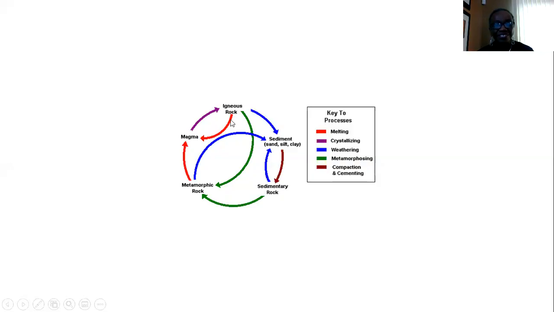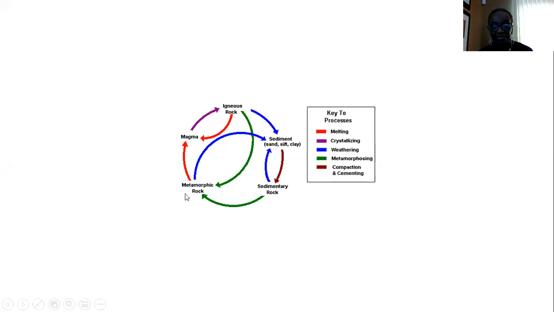Here we go. This igneous rock could become magma again. Heat it up so much that it melted, and we could get an igneous rock when it cools. Or that igneous rock could be exposed to heat and pressure, but not melt, and we can get a metamorphic rock out of it. All of these are showing possible changes that could take place in a rock depending upon the environment it's in.